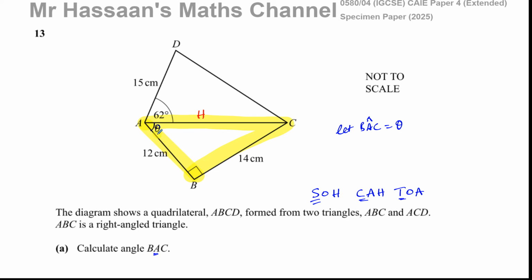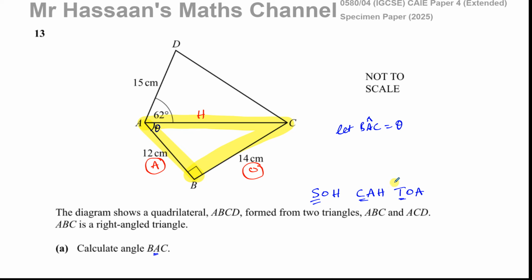We're trying to find this angle here, theta. So the side directly across from that will be the opposite side, and the side next to that, which isn't the hypotenuse, would be the adjacent side. So in this case, we have to deal with the adjacent and the opposite side.